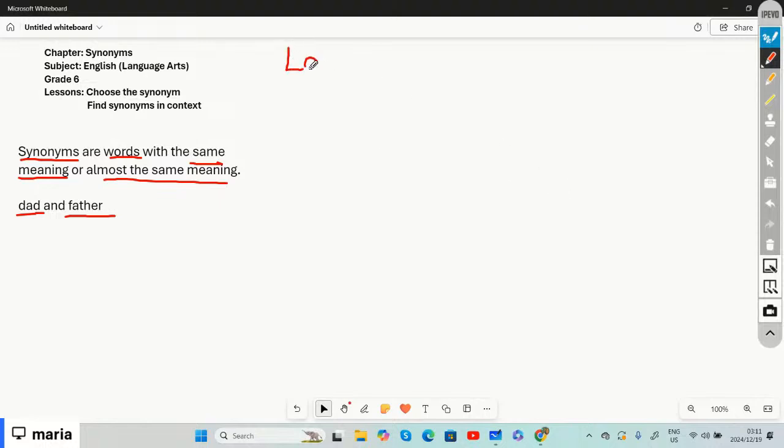All right, so we're going to write down synonyms. What's the word that's the same as large? A word that's the same as or almost the same as large.